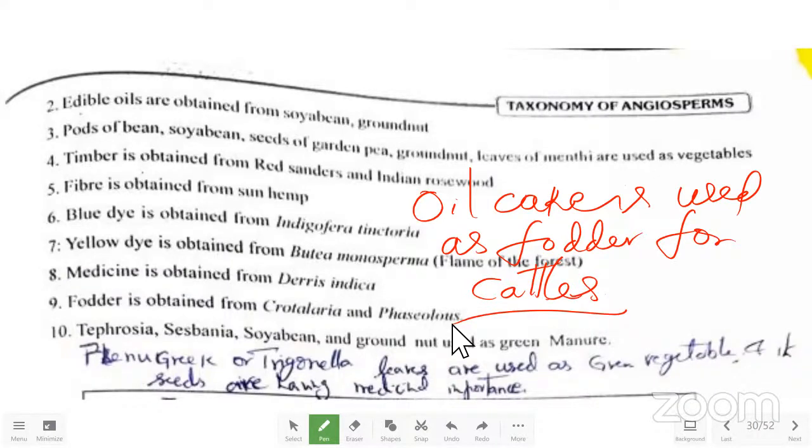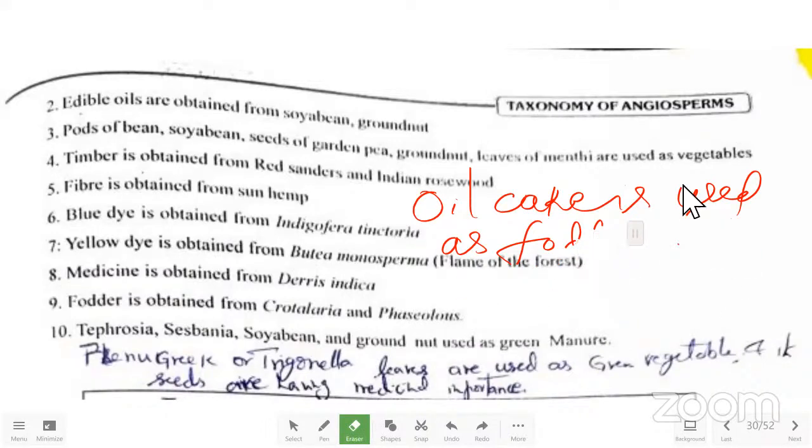Next one. Some plants are used as leafy vegetables. Example, methi.